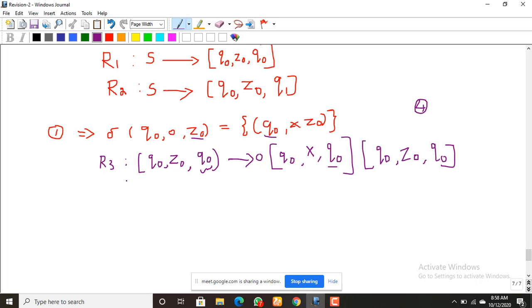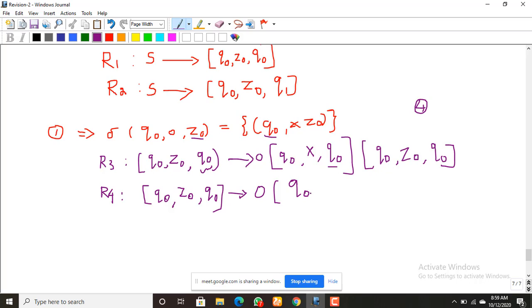So this is rule number 3. Rule number 4 is about Q0, Z0, the same thing. Q0, Z0, Q0 moves to 0, again 0, because in all cases the input alphabet is 0 only.